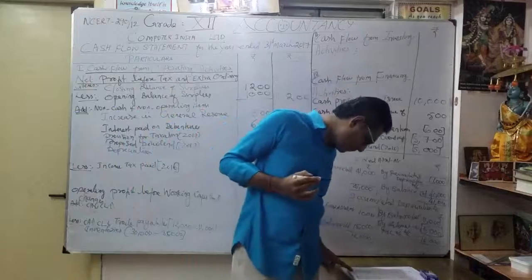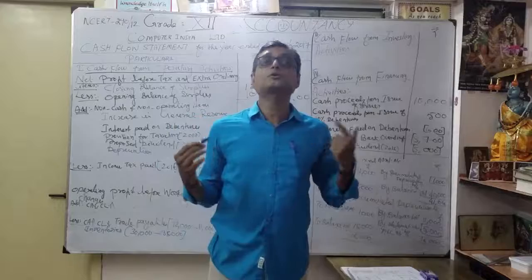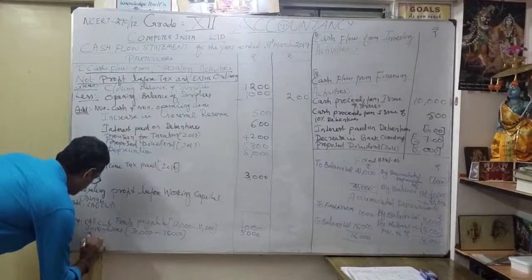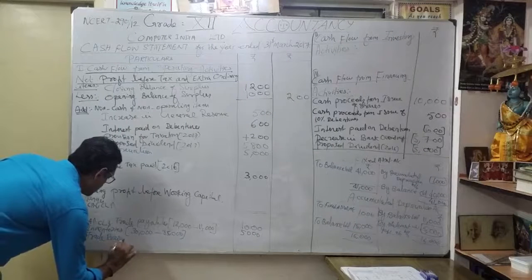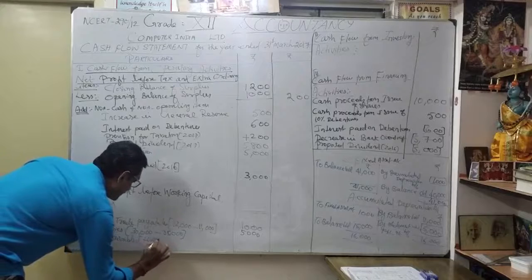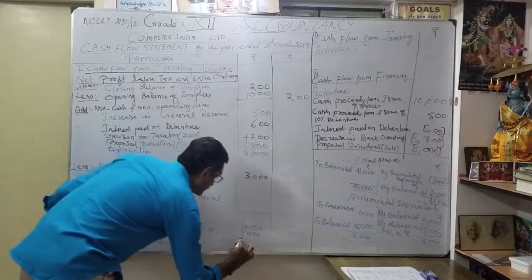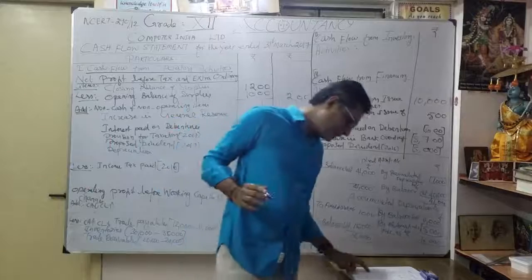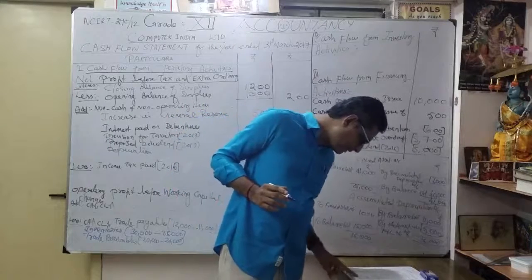Okay, thereafter trade receivables also, 20,000 become 24,000. Again current asset increased. So trade receivables, 20,000 become 24,000. So I'm going to write here 4,000 increased. Correct. Thereafter you see cash and cash equivalents.